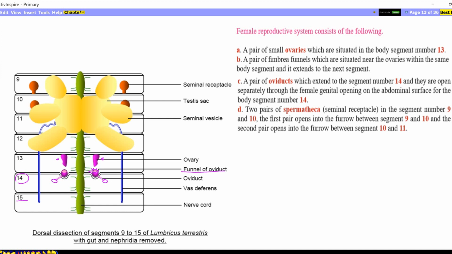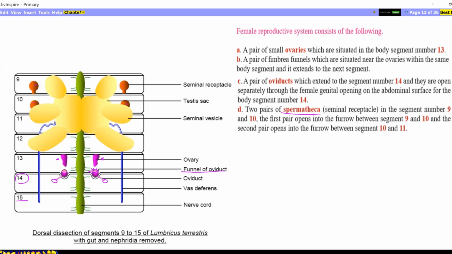A pair of spermathecae or seminal receptacles, a new structure not present in planaria. It's part of the female reproductive system and stores sperms, like the seminal vesicle, but these are sperms received from the conjugated animal during copulation. Two pairs are located in segment number 9 and 10.